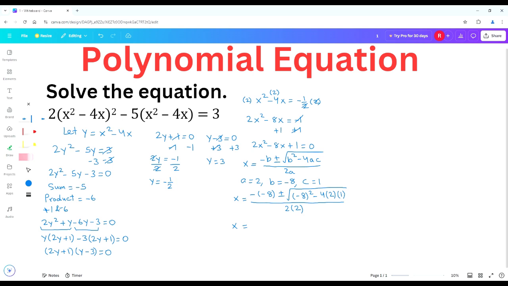Minus -8 is equal to +8. -8 squared is 64. 4 times 2 times 1 is 8. 64 minus 8 is equal to 56. Square root of 56 can be simplified by breaking down 56 into 4 times 14. Square root of 4 is equal to 2.